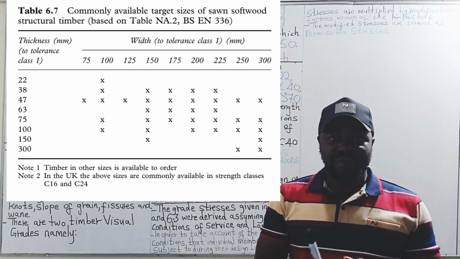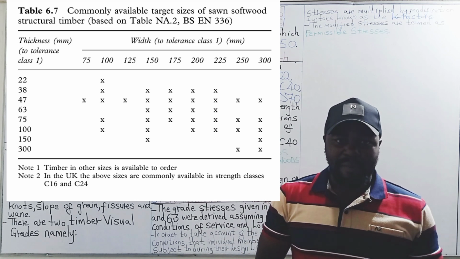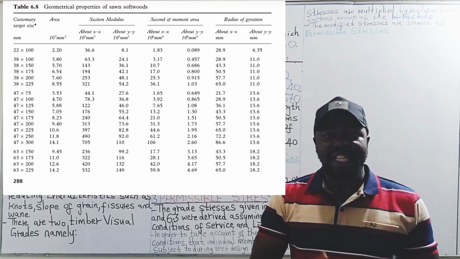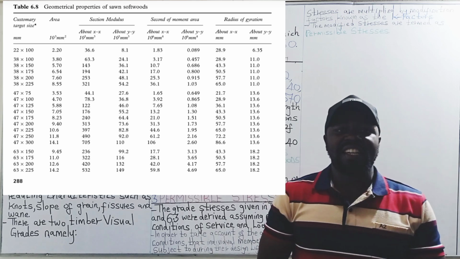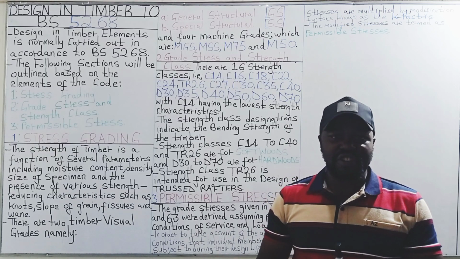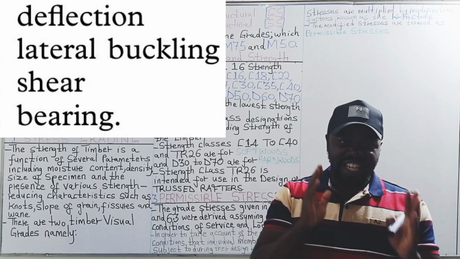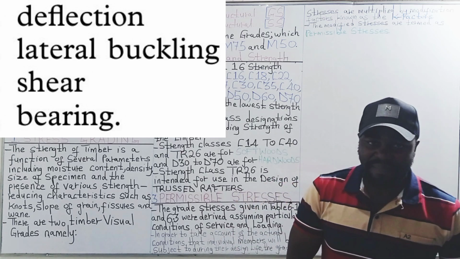Table NA2 is reproduced here as table 6.7 in our book. Table 6.8 is an expanded version which includes a number of useful section properties to aid in design. Finally, the chosen section should be checked for deflection, lateral buckling, shear, and bearing to assess its suitability.